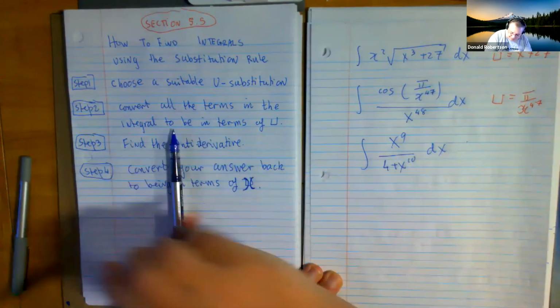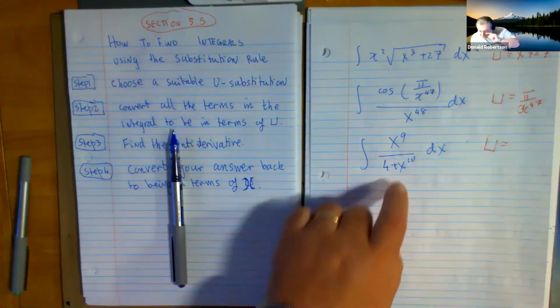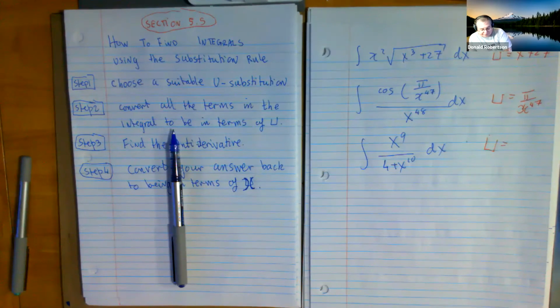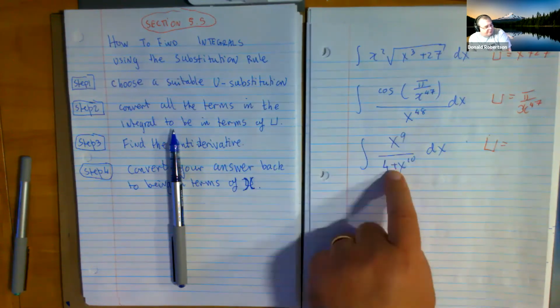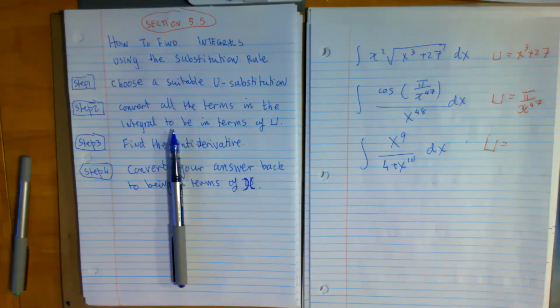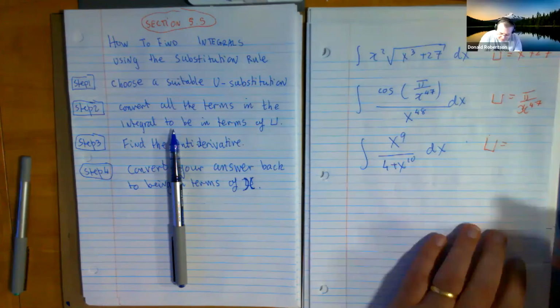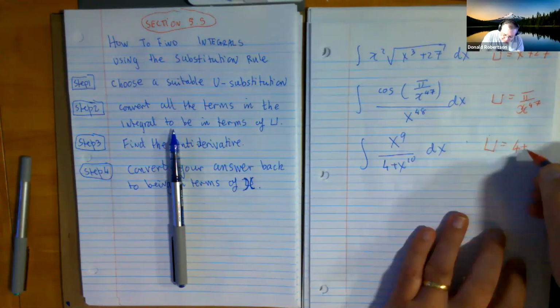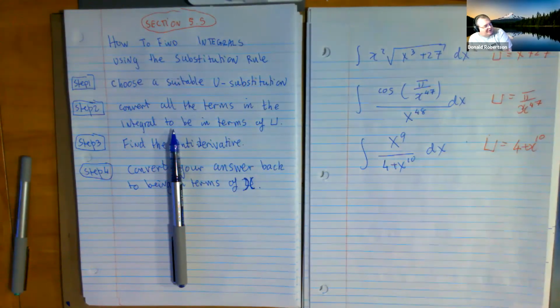What would the u sub be in this question? 4 plus x to the 10. Yeah. Isn't that one of the few times where the denominator is actually the u sub?